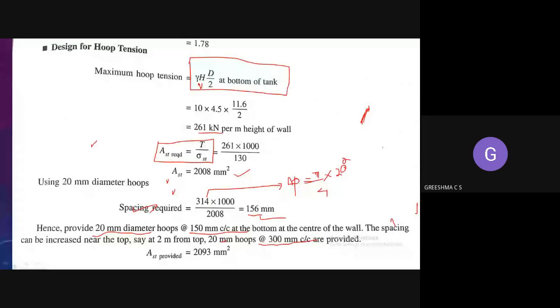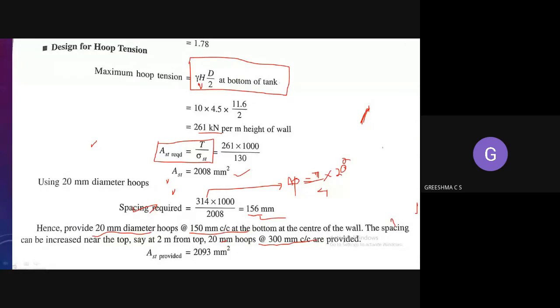Our total height of the wall is 4.5 meters. So from the top, about 2 meters down, we can increase the spacing. That is, you can provide a spacing of 300 mm center to center.